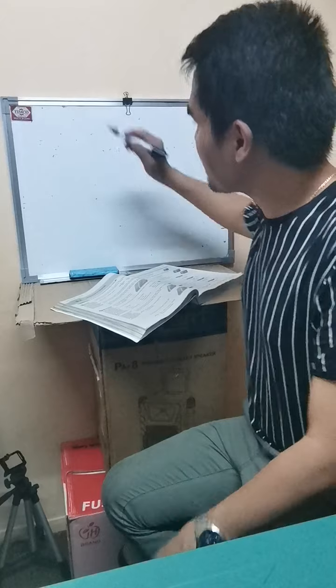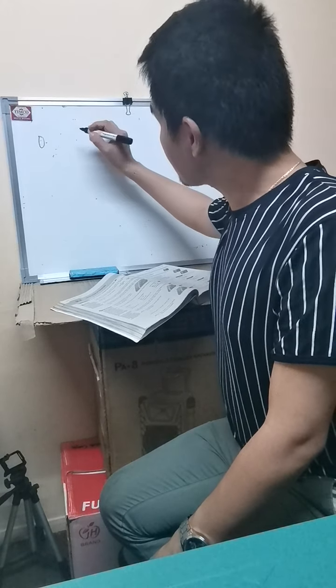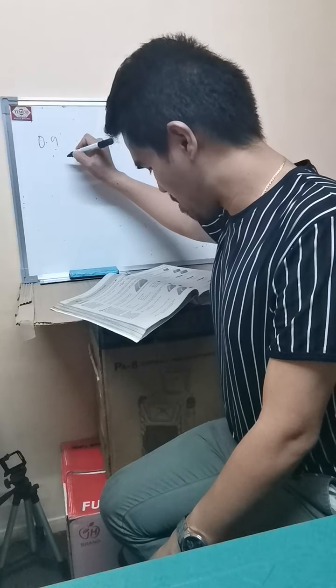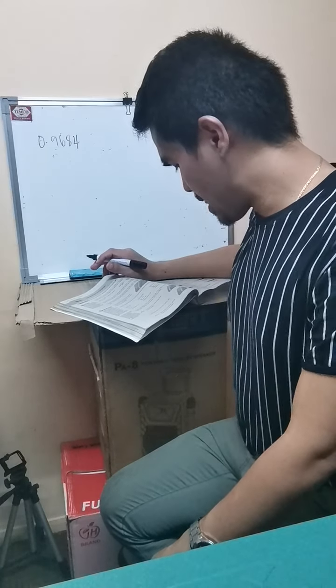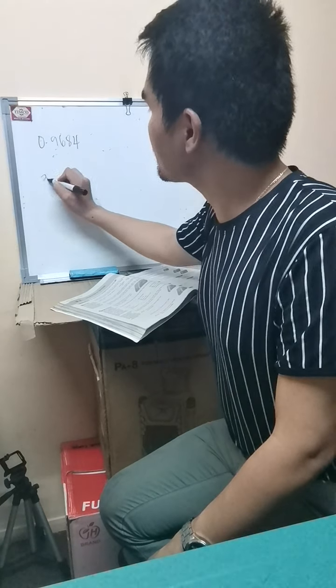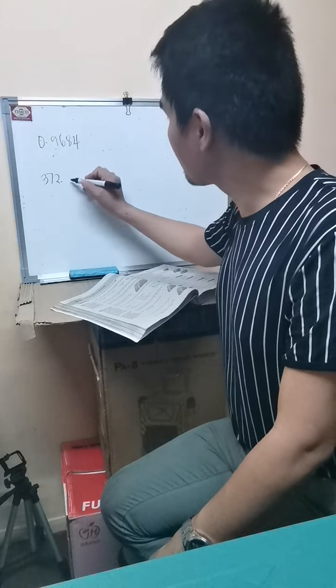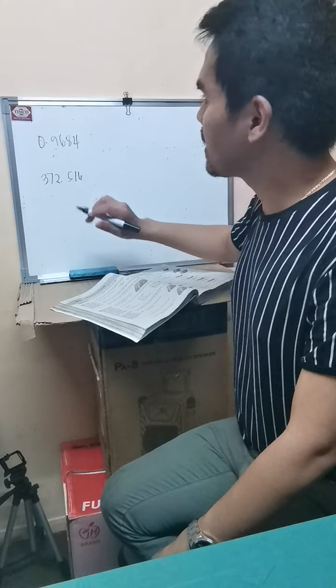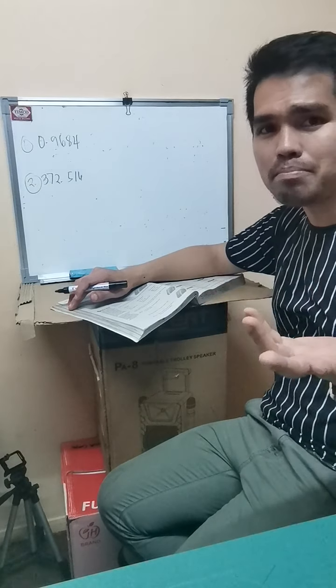Let's say, for example, let's have this: 0.9684 and then 37.2516. Number 1 and number 2. Before I write the answer, I'll give you time.